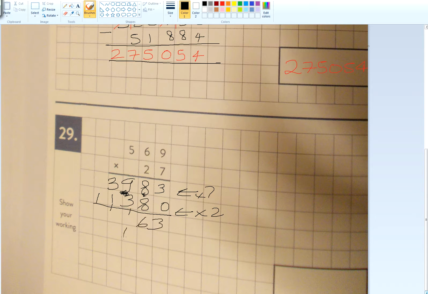That goes here, 1, 5, 3, that doesn't look really like a 5. And one more.